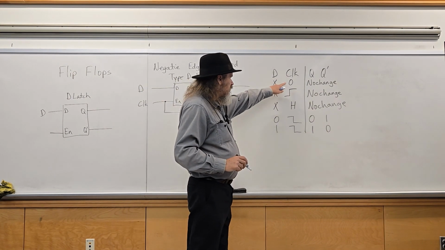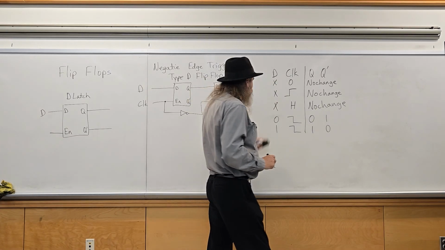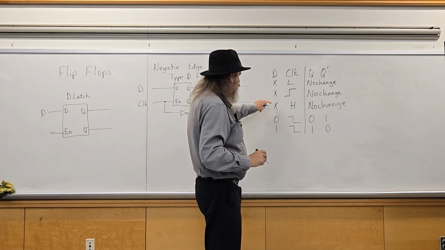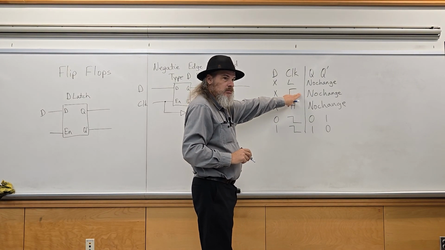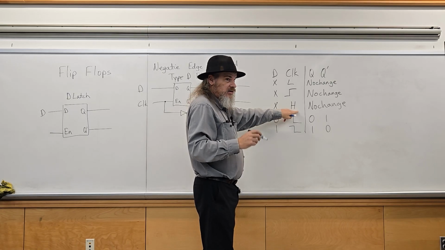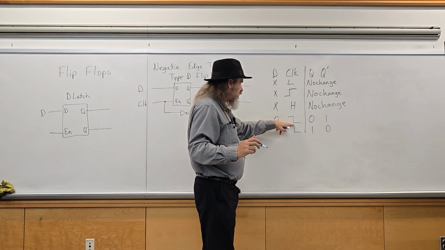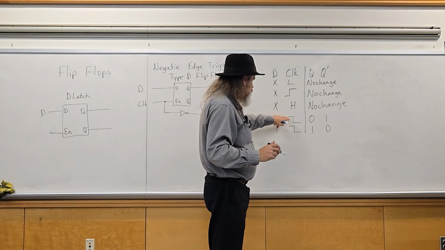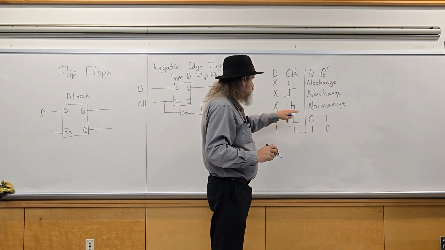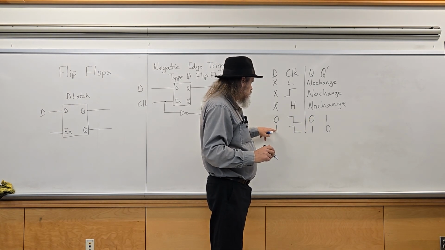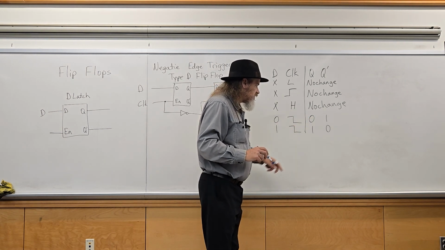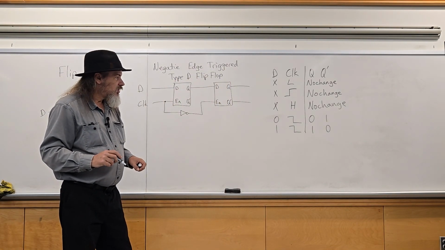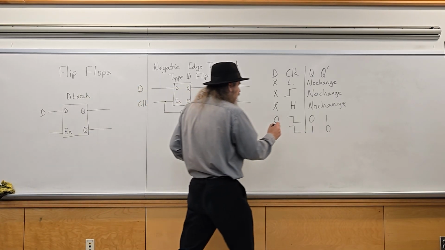So there's no change when the clock is low. There's no change when the clock goes high. While it's high, again, there's no change. When it transitions to low, that's when the 0 goes from the D to the Q, and the 1 goes from the D to the Q prime. So this is the negative edge trigger.